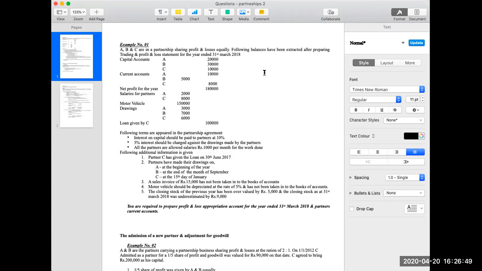So if the partners have made any drawings, then 5% interest will be charged. All the partners are allowed salaries of 1,000 per month for the work done. So that is why it is being deducted from the expenses. Right.